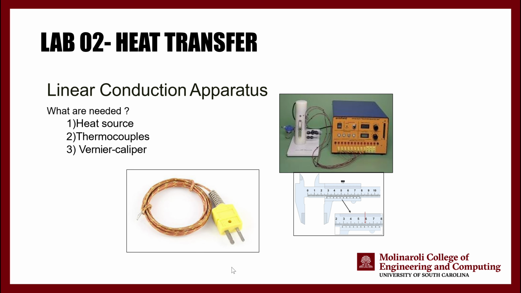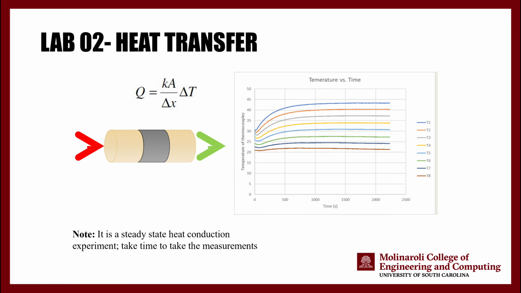And we have thermocouples installed throughout this linear conduction device, that are going to help us make a couple of temperature measurements. And you are going to see this type of measurement, like the temperature of each thermocouple as a function of time.